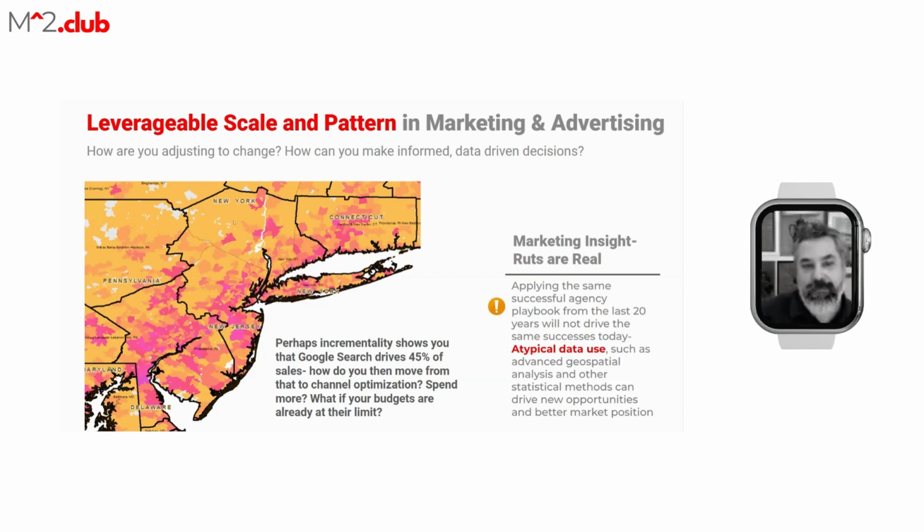This is a general question for the group, and there's no right or wrong answer: would you treat the DMA the same, knowing that your sales are varying over this whole region, or would you treat it differently?